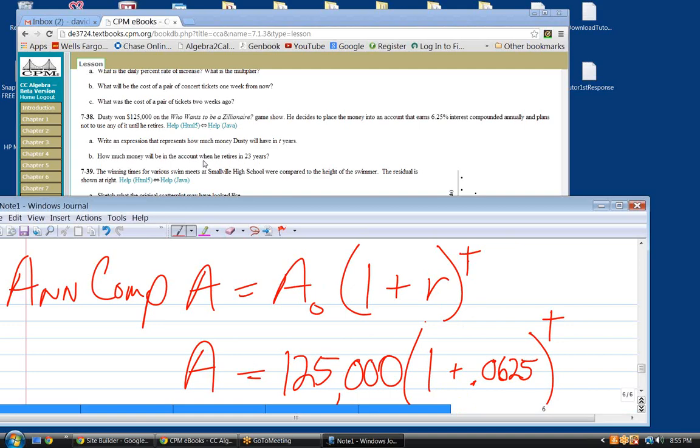How much money will be in the account when he retires in 23 years?